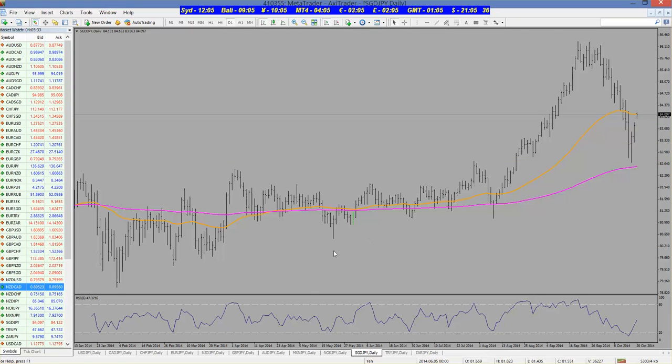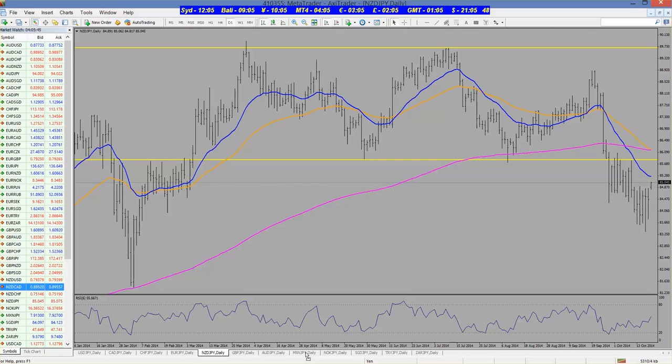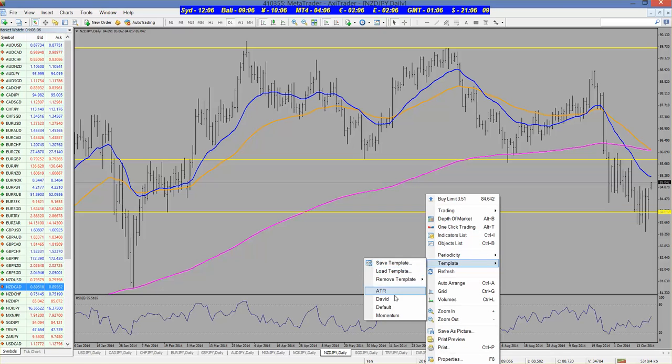Okay. And Kiwi yen. It's not exactly alphabetical. What's going on there? It's a bit messy, isn't it? A lot of horizontals. Look at the moving averages. Actually, let's get rid of that 20.